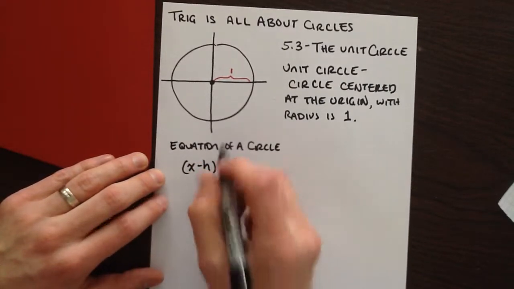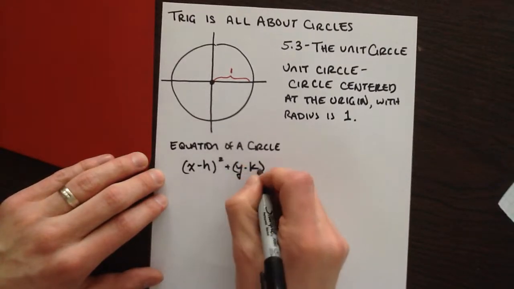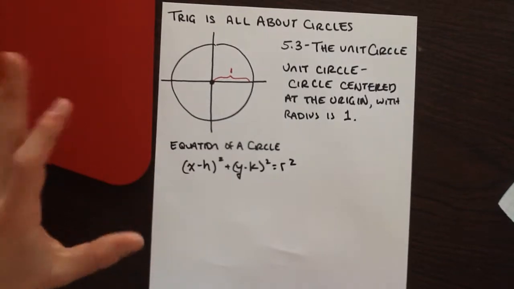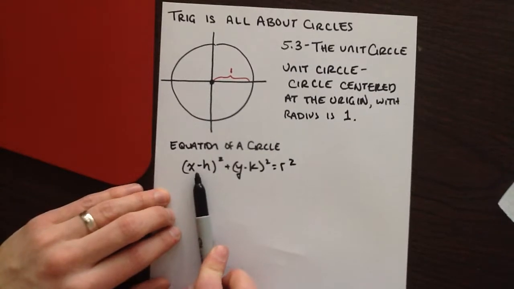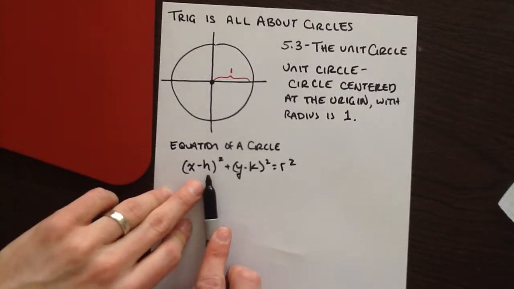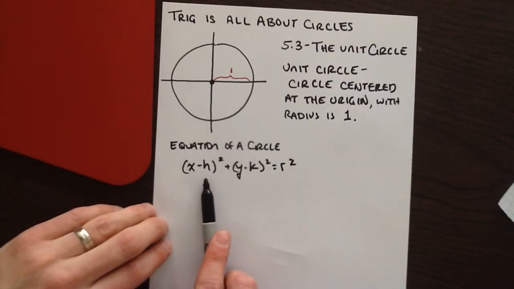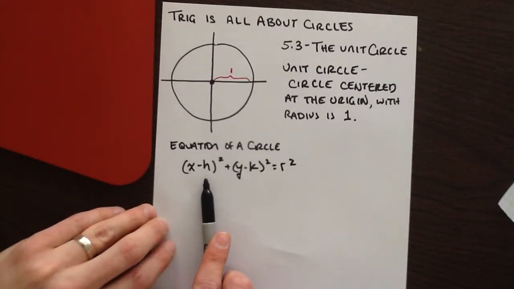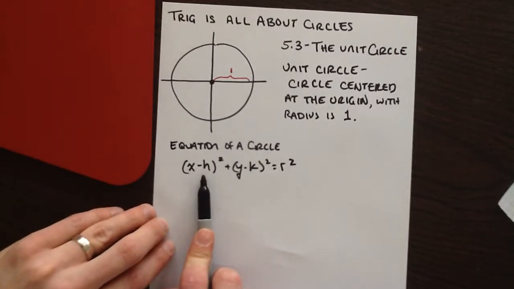The general equation is (x minus h) squared plus (y minus k) squared equals r squared. Let's think about this. We should be able to understand what this is saying right now. What does the minus h in the equation do to our graph?